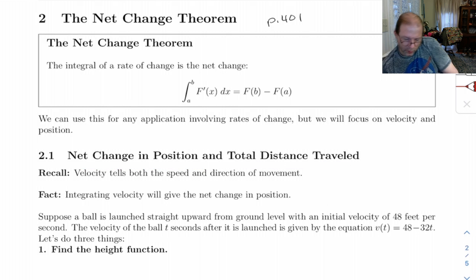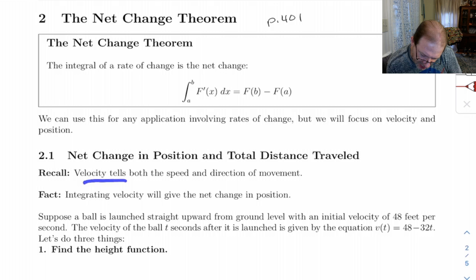Just for a quick example, if I were to walk a mile down the road and then I walk back, then my net change in position is 0 because I'm back where I started. But my total distance traveled would be 2 miles because I did all that walking. And we're going to use that idea when we're looking at total distance versus net change.